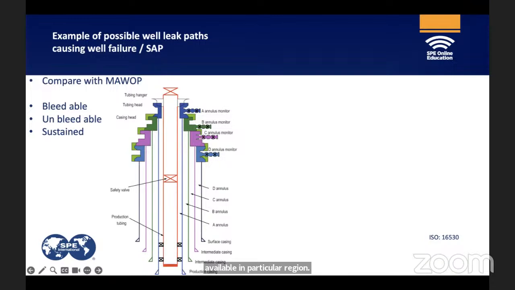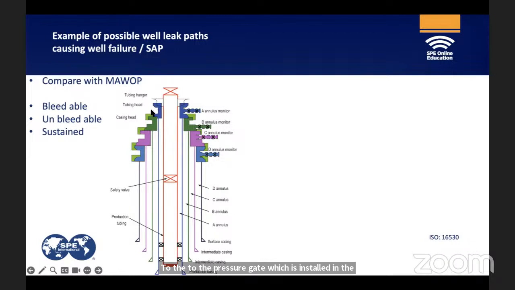So what we have seen is that the first possible failure could happen because of pressure in the A annulus. A annulus pressure could be because of thermal effects, as we have seen in the BP case, wherein when we start up the well, whatever fluid is there, be it completion fluid or gas, might expand and cause a pressure to show on the pressure gauge which is installed on the wellhead.